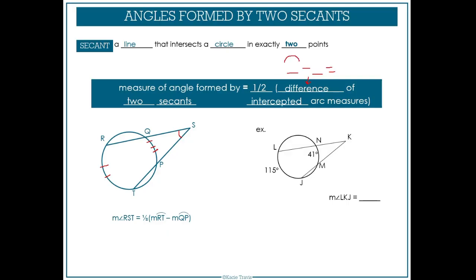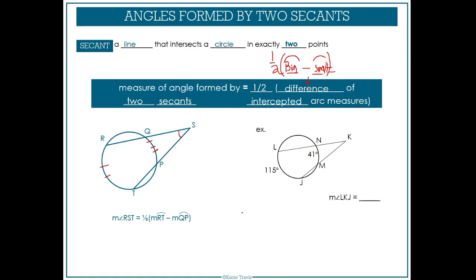We are taking our big arc and subtracting it from our small. So big arc minus a small arc, and then we take 1/2 of this. That's going to be what gives us our answer.